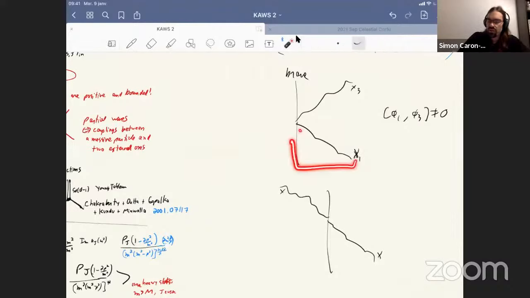And then you double it. No, I'm talking about x1 and x3. But if there's reflection, there's effectively no light crossing time between them. You could imagine they're measuring at the same point. I mean, you could put x3 closer to the brane, but then it's not an asymptotic state.